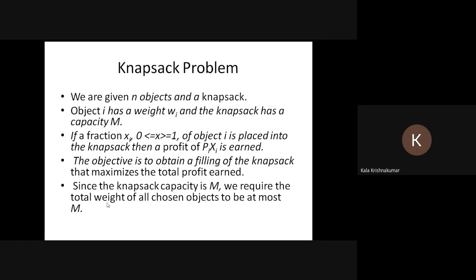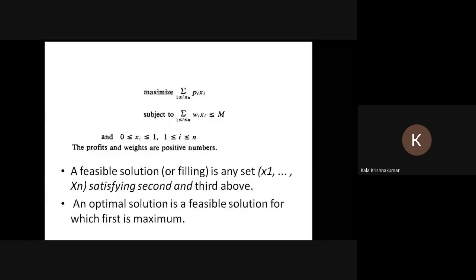We can formally state this problem as: maximize the sum of pi times xi, where i ranges from 1 to n, subject to the condition that the sum of wi times xi is less than or equal to m, where again i ranges from 1 to n.